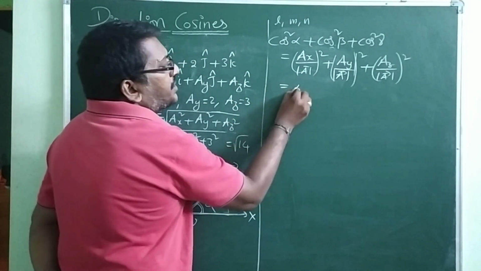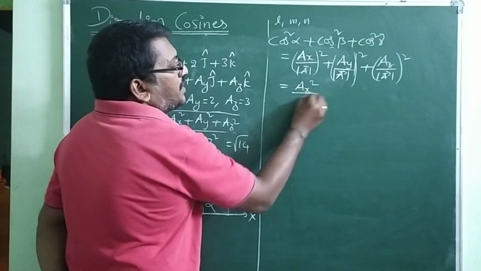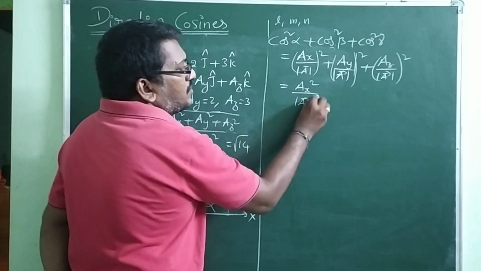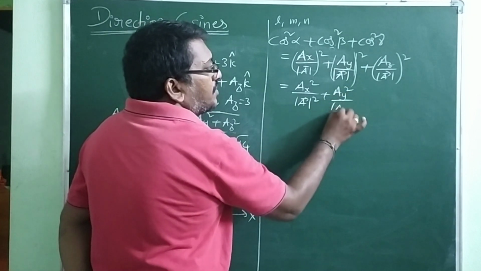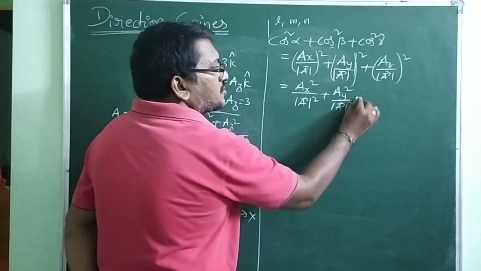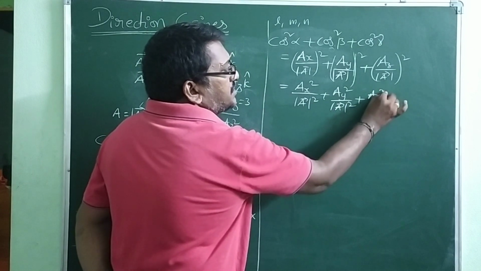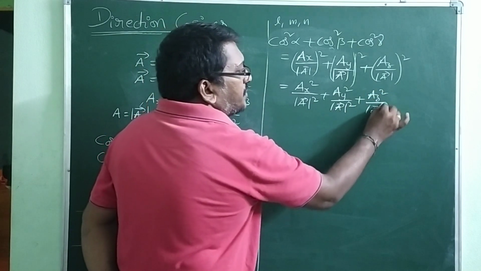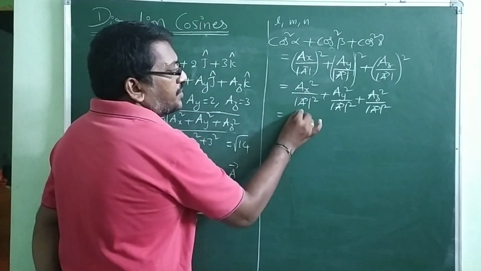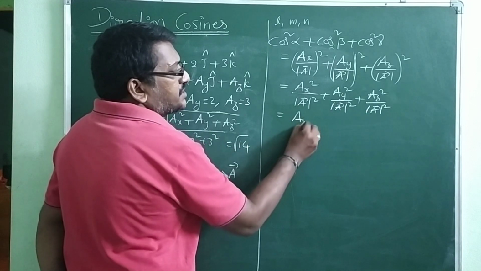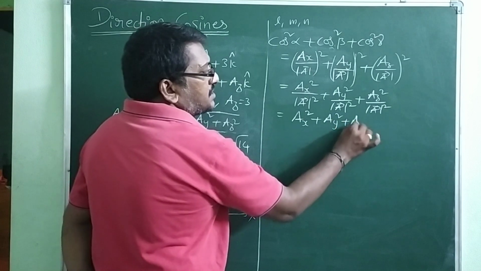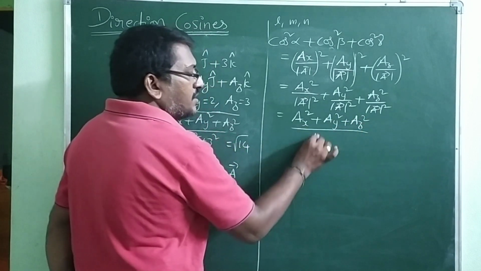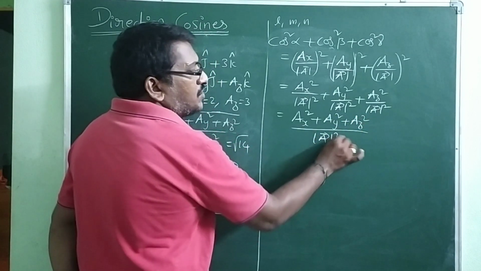So from there what do you get? Ax square by modulus A bar whole square plus Ay square by modulus of A bar whole square plus Az square by modulus of A bar whole square. The denominator is the same, so Ax square plus Ay square plus Az square by modulus of A bar whole square.